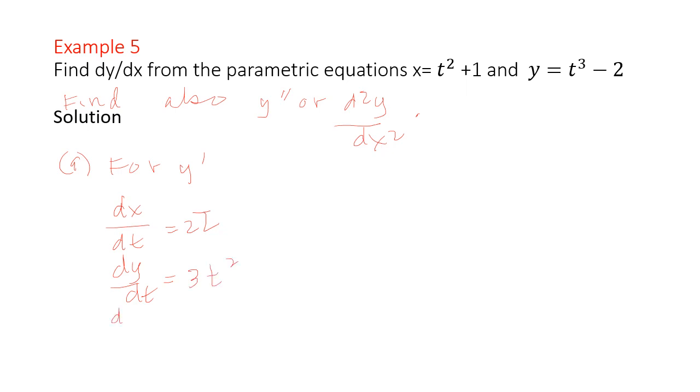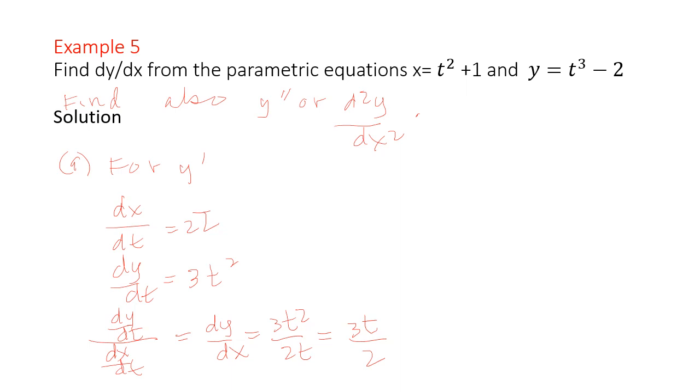So dy over dt over dx over dt, dy over dx equals 3t squared over 2t, equivalent to 3t over 2.